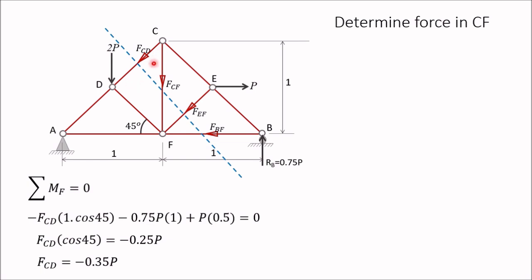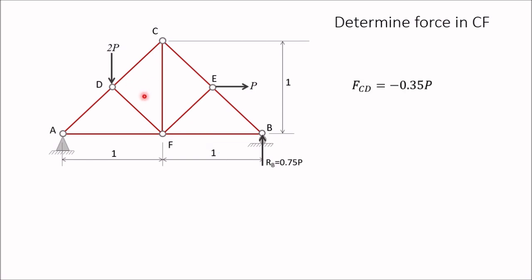So once you get FCD, you can cut a section in this manner, and here we have two equations, sigma Fx equal to 0 and sigma Fy equal to 0. Show all these forces, FCD, FCF and FCE. I am considering the upper part of the section so that only these three forces will be there.